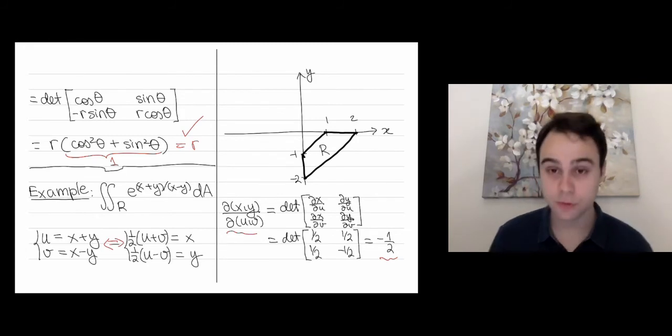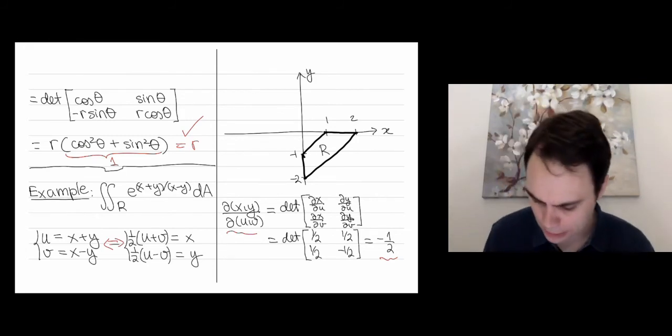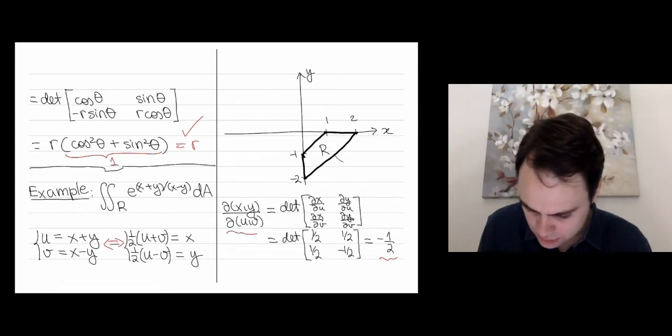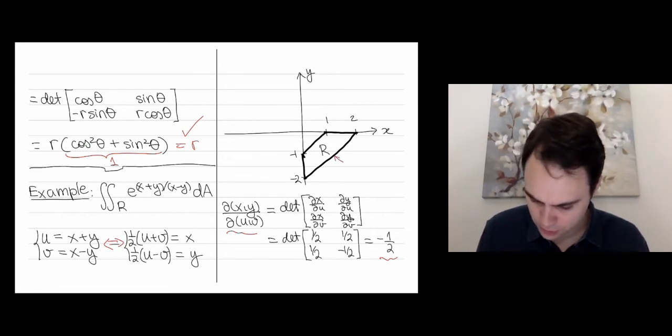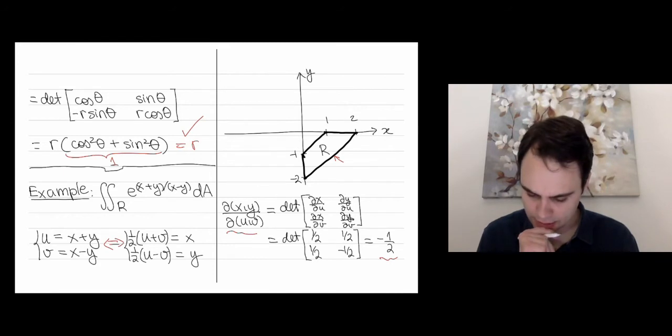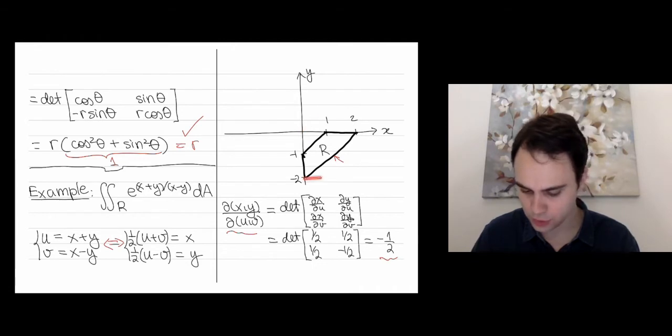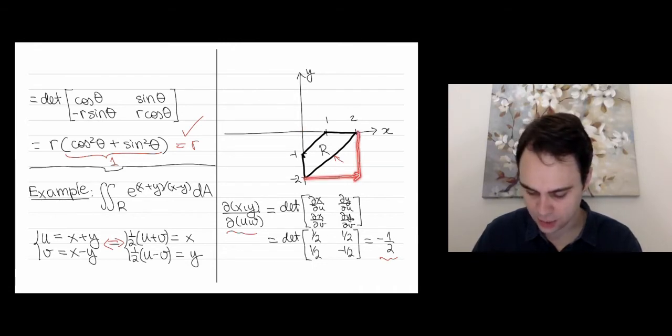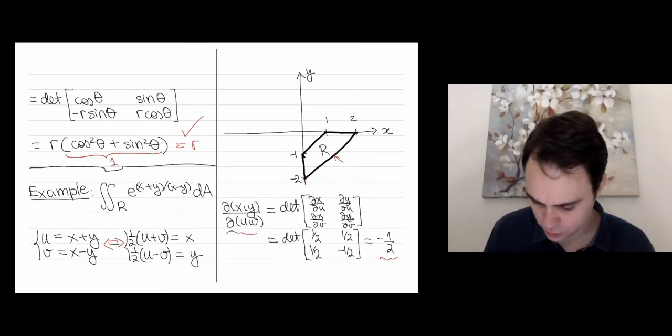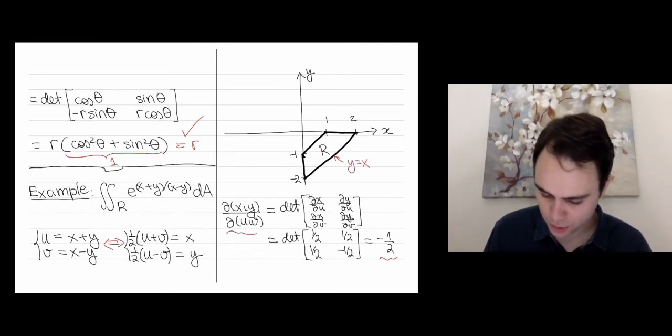So let's put a few equations to this picture. What's the equation of this line over here? It looks like the diagonal where it has slope 1. Here you move 2 units to the side in the x direction, and y increases by exactly 2 units. So this has equation y equals x, but when x is 0, I get minus 2.